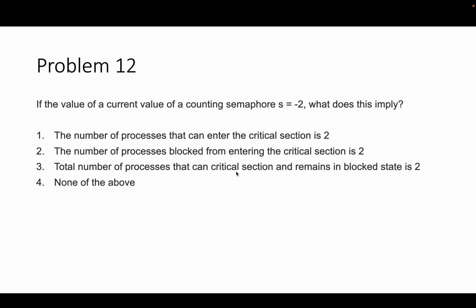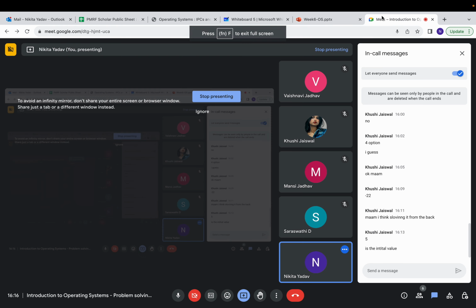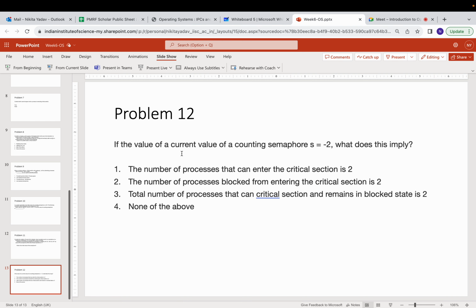Third, the number of processes that can enter the critical section and remain in blocked state is 2, and fourth, none of the above. So if the counting semaphore value is minus 2, then what does this signify? Any answers?